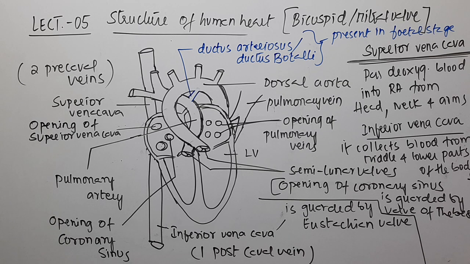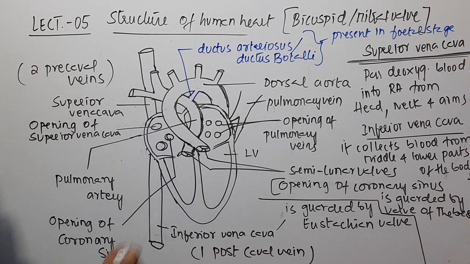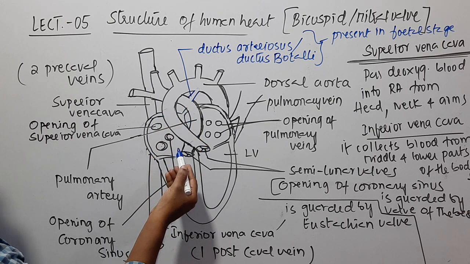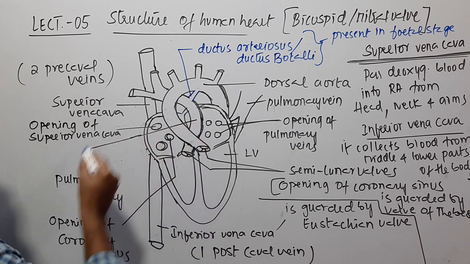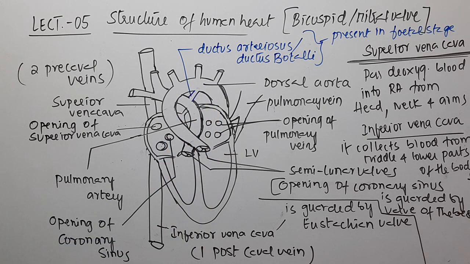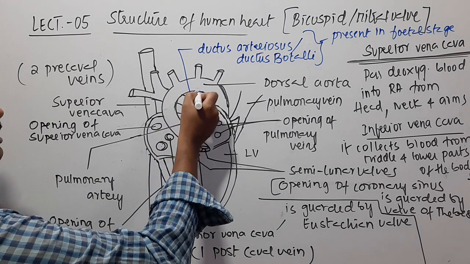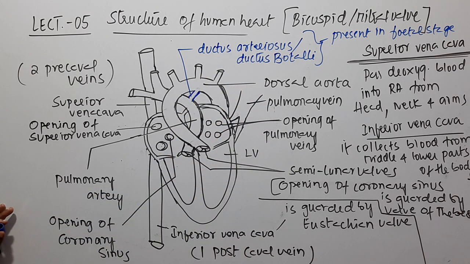So there is no need for blood to be supplied to the lungs, hence we need to bypass the blood. If by any chance the blood enters the pulmonary artery, that blood will pass into the aorta directly instead of going to the lungs. This gets degenerated after the birth, and remains as ligamentum arteriosum.